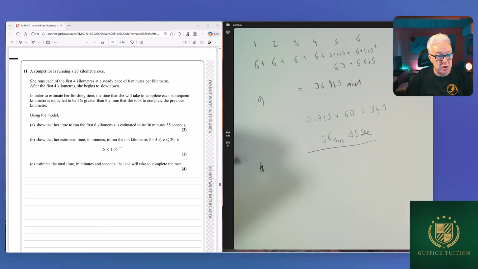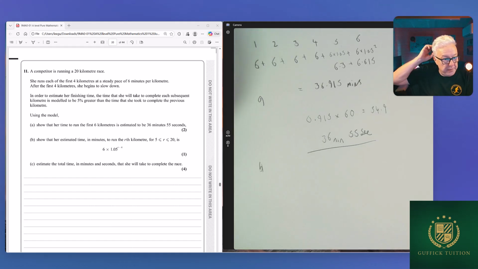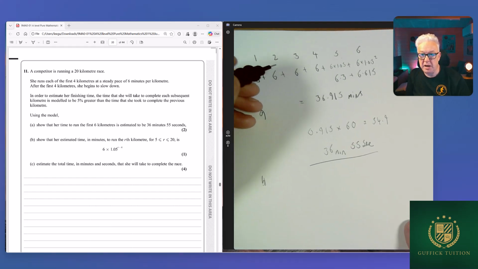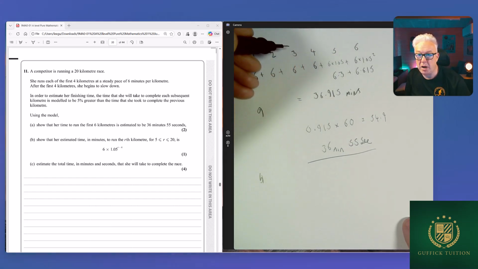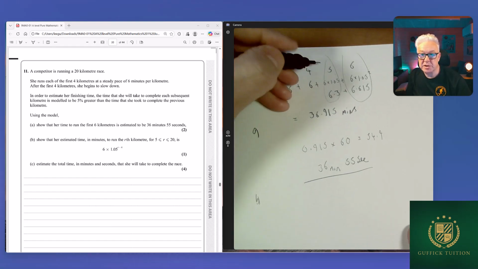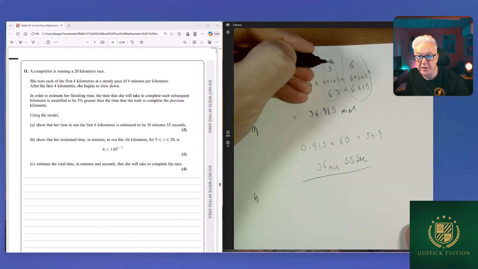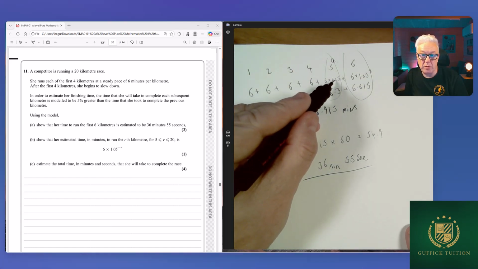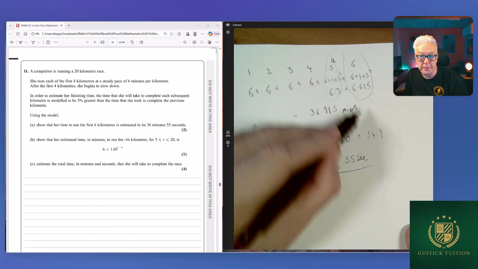Part B, it's only worth 1 mark, show that her estimated time in minutes to run the rth kilometre for 5 to 20 is given by that formula there. So let's think about this. Let's have a look at our 5th and 6th term. Notice the term number: on the 5th term we have 6 times 1.05 to the 1.